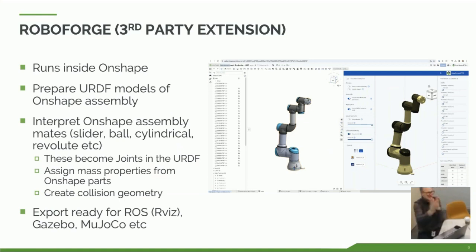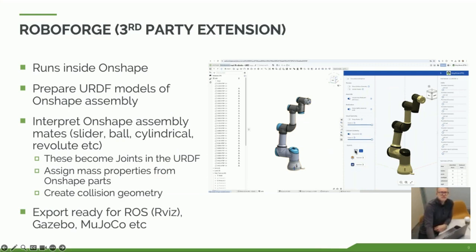It takes an Onshape assembly and prepares a URDF model of it. And it understands the joints again, the mates, from the Onshape model. So ball, cylinder, revolute. And if you name them sensibly down here, that will translate into the names of the joints in the URDF.